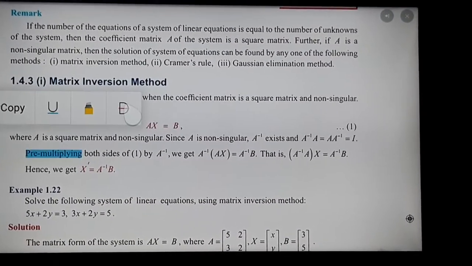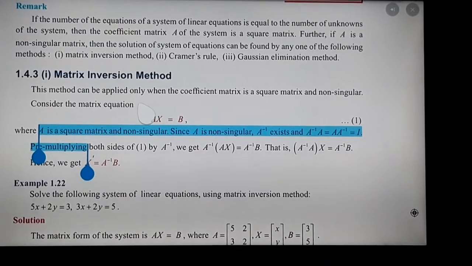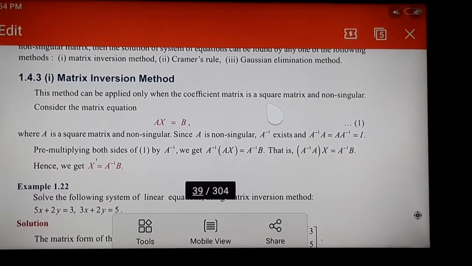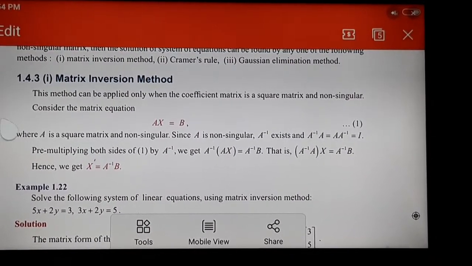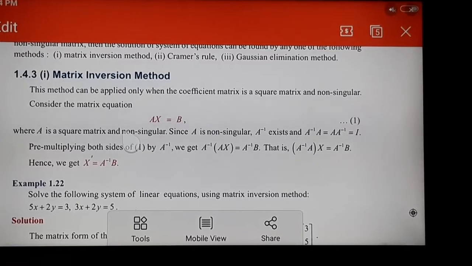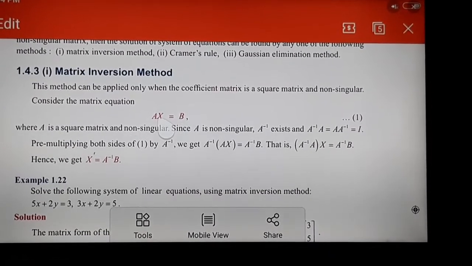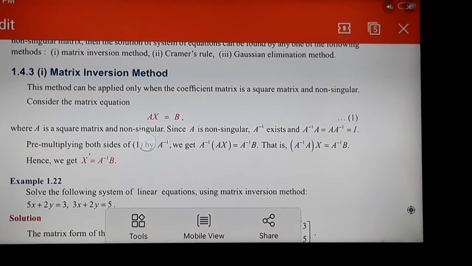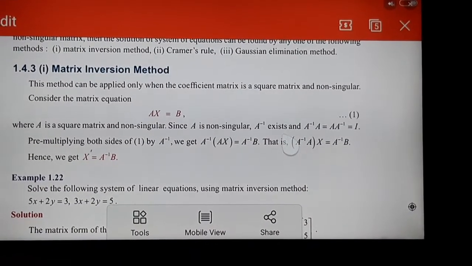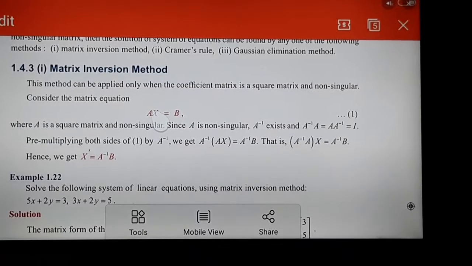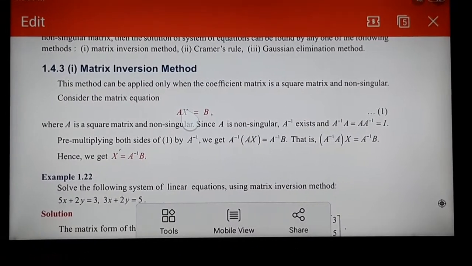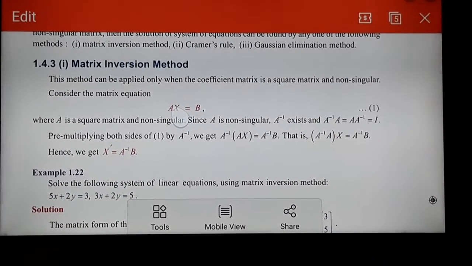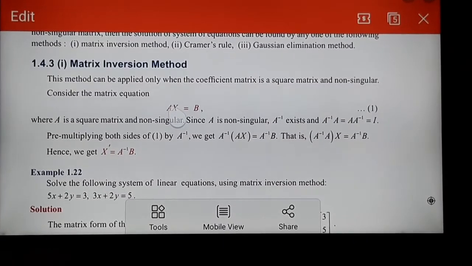This method can be applied only when the coefficient matrix is a square matrix and non-singular. Consider AX = B. Then A is a square matrix and non-singular. Therefore, A inverse exists. We find the values of the variables x1, x2, x3.